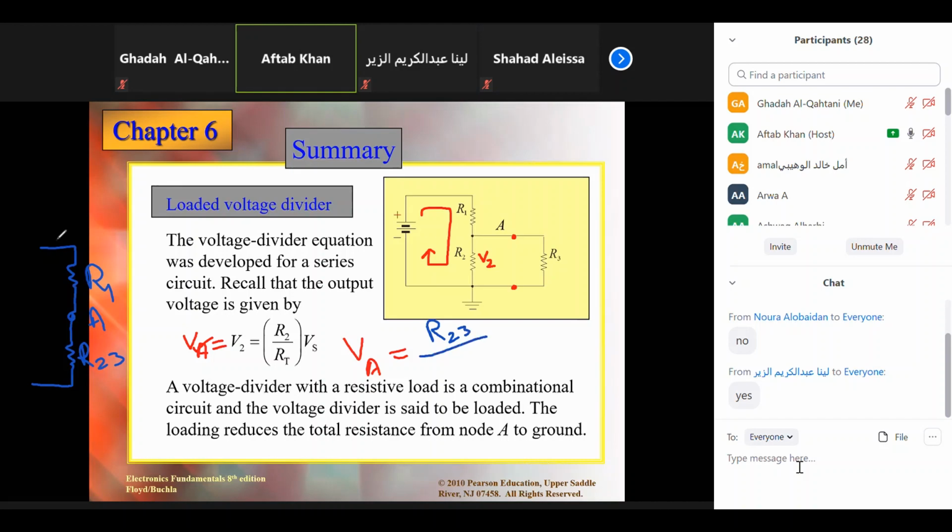Because both are in series, it is R1 plus R2,3, multiplied by VS, same. So you can see the difference in these two formulas. First one is called unloaded. This one is called loaded. This is the difference between loaded and unloaded. Is it clear?